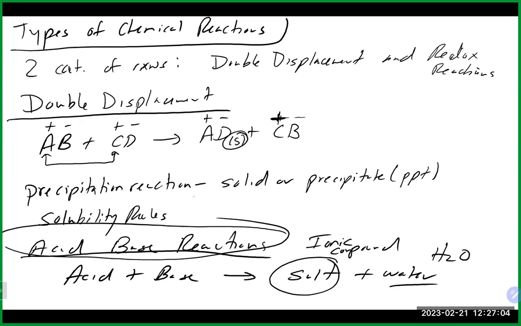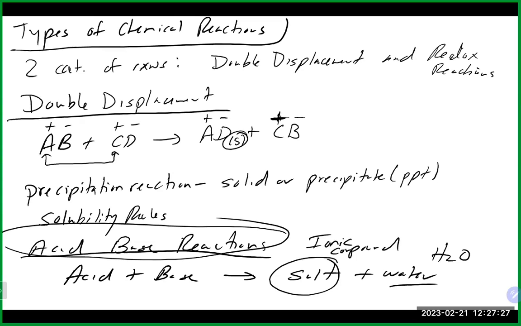We have a big chapter devoted to nothing but acid and base reactions, so being able to write those is really important. But these acid-base ones really are double displacement reactions. When you do the double displacement part of it, it basically will make water.